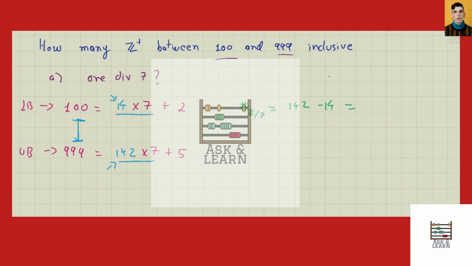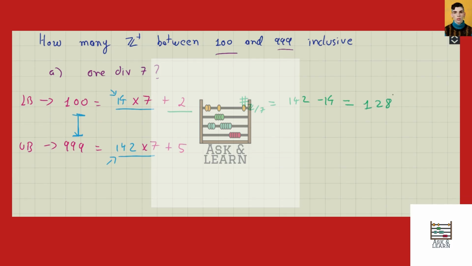If 14 times 7 were included, then we would need to add a plus 1. But in this case, it's not considered because the lower bound is defined by 14 times 7 plus 2, so this is less than this number and is not going to be on that interval. So it's just 142 minus 14, and that is equal to 128.